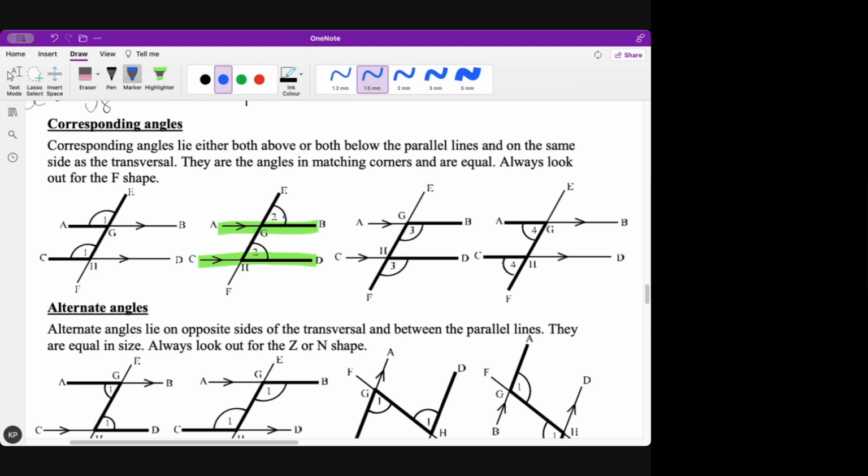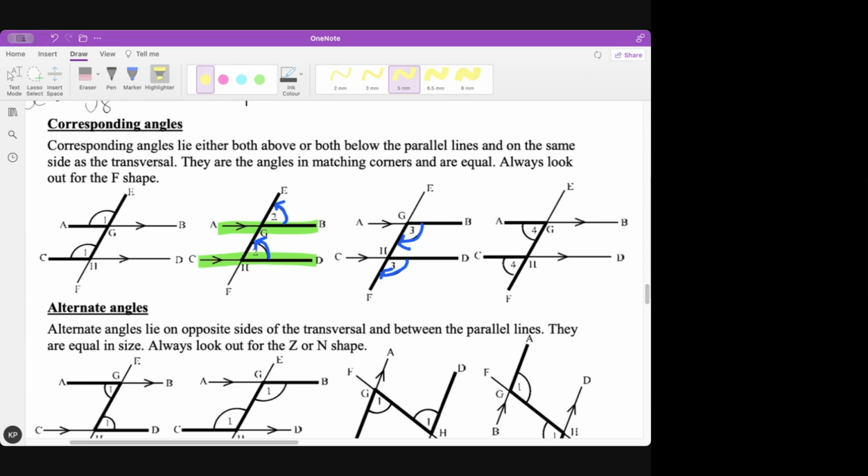Do you see that these are both above the parallel lines? And these ones are both below the parallel lines. So they either both have to be above or both below the parallel lines and on the same side of the transversal.